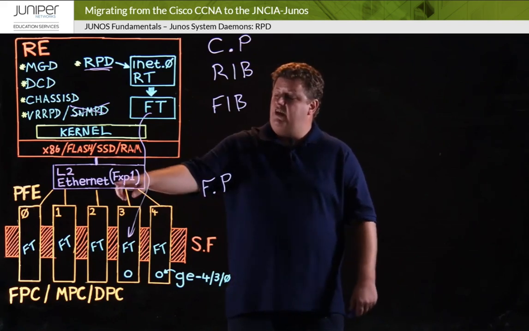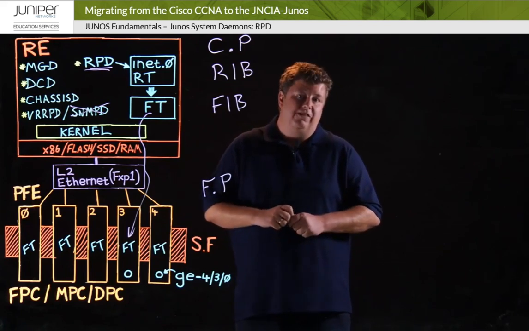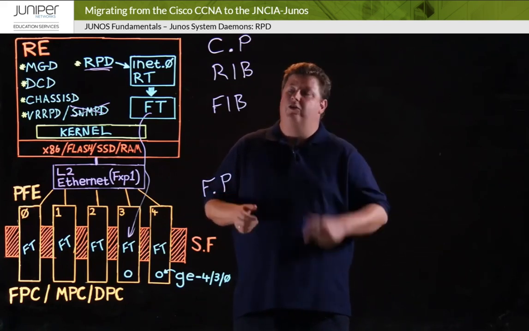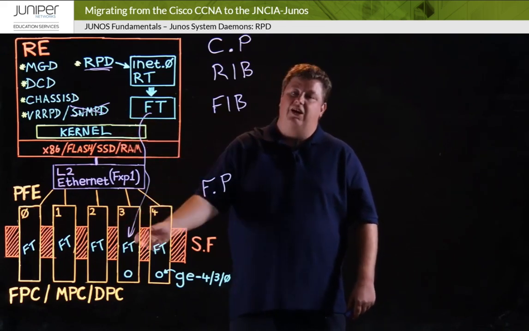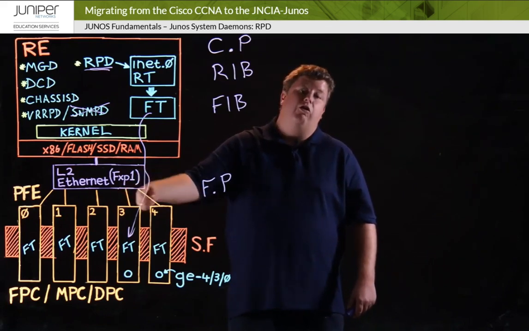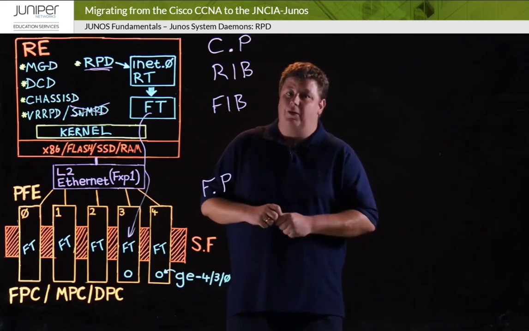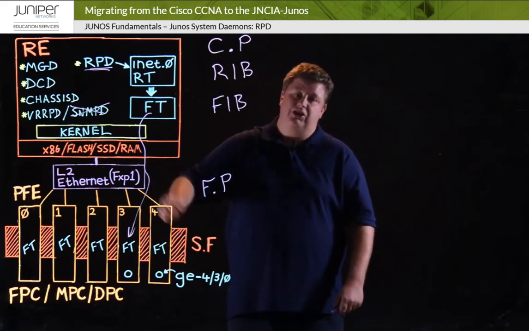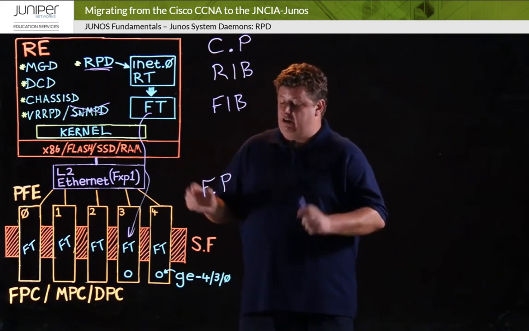We generally just think about an interface fxp1 that we might have seen in the output of the CLI. FXP1 we hopefully remember is the internal connectivity from the RE down to those line cards. Well, we now know it's really running across this switch, and if we see fxp2, we're on a high-end platform that even has 2 of these switches for redundancy. But like I said, we're not going to manage it, we're not going to configure it.